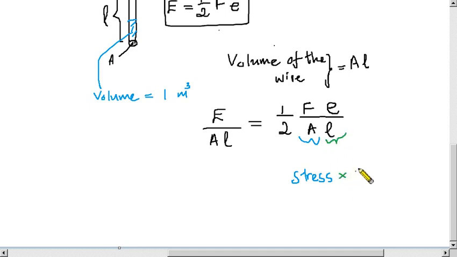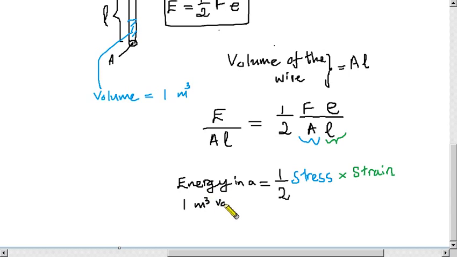Then times strain. There is a half also. This is the energy in a 1 cubic meter volume, or we can say unit volume.